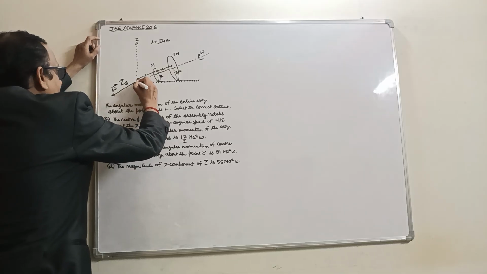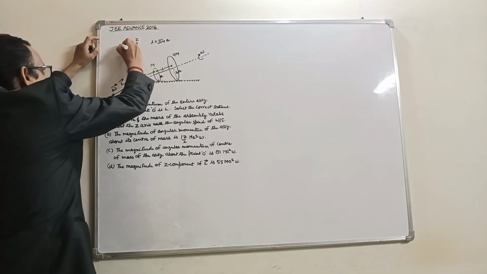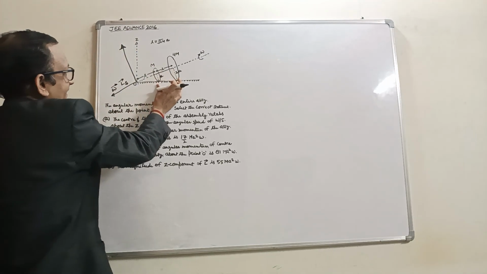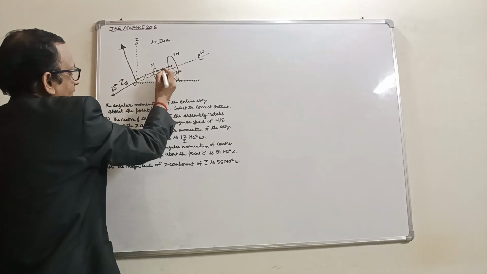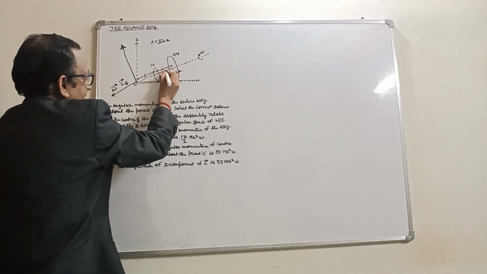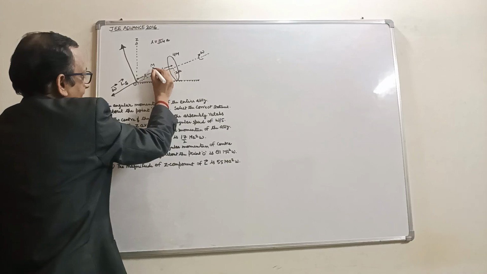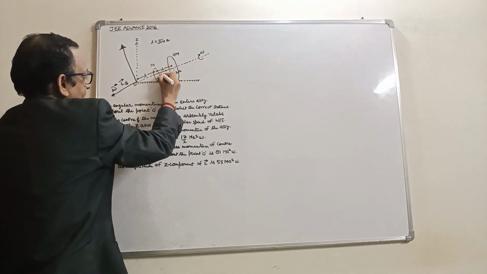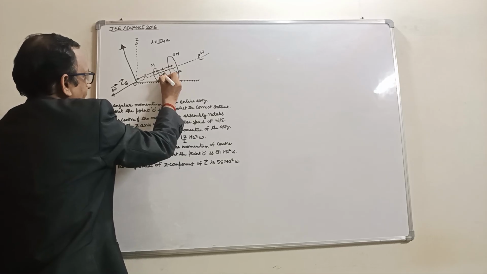We know when this disc is rotating, the center of mass of the system, this having mass m and this having mass 4m, would be at 4L by 5.